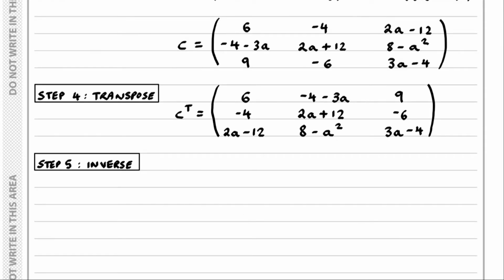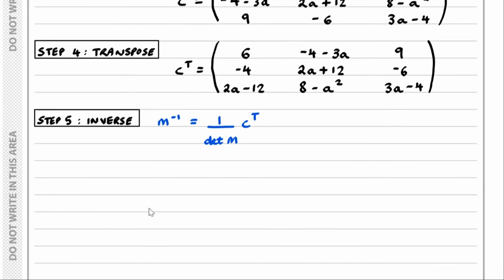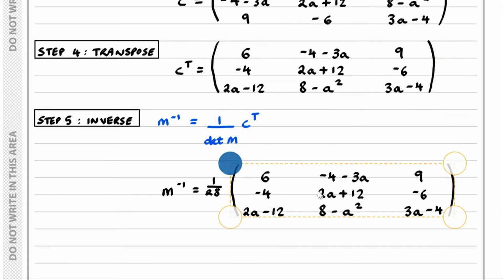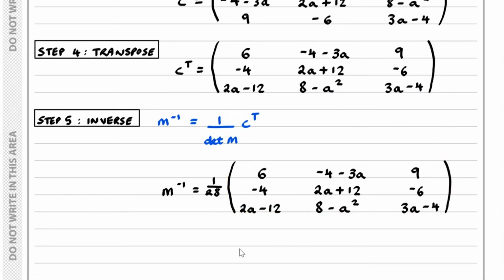Our next step is to find the inverse. Now the inverse of m is equal to 1 over the determinant of m times C transpose. So for the inverse of m, we've got 1 over the determinant, so that's 1 over 28, and then I multiply this by C transpose, which is this over here.